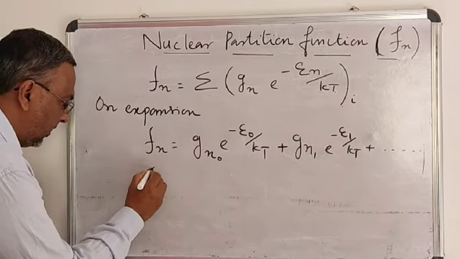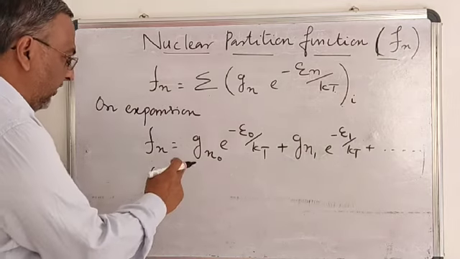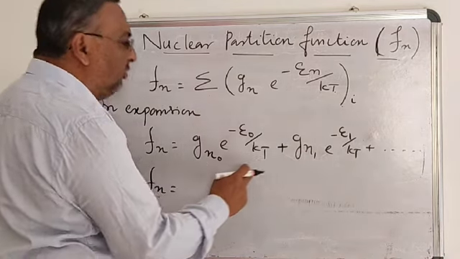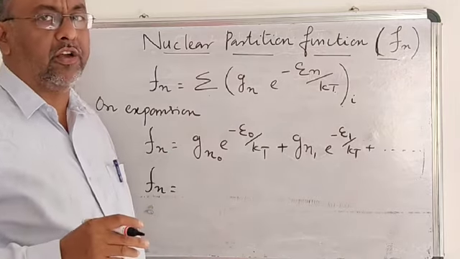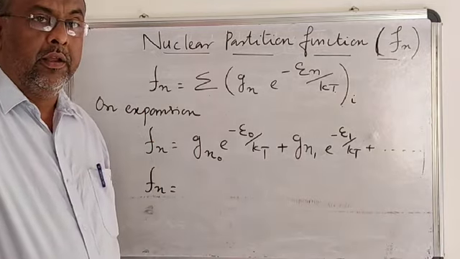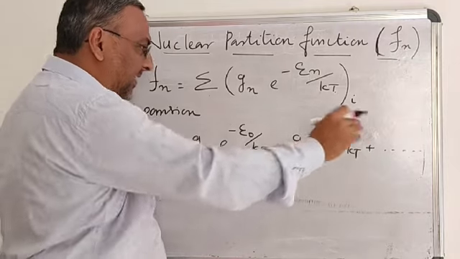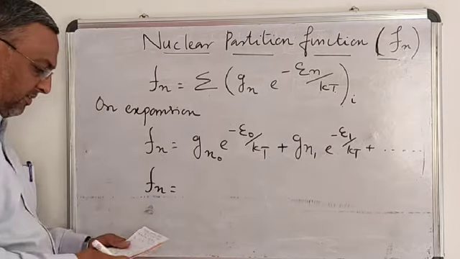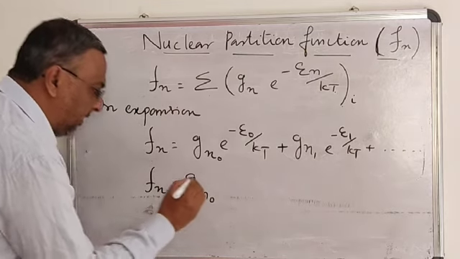See, I can write the nuclear partition function considering only the ground state, because most of the nucleons are occupied in the ground state. In the excited state, very few are present. So therefore, we are neglecting the other degeneracy levels of the nucleons, taking into consideration the ground state.